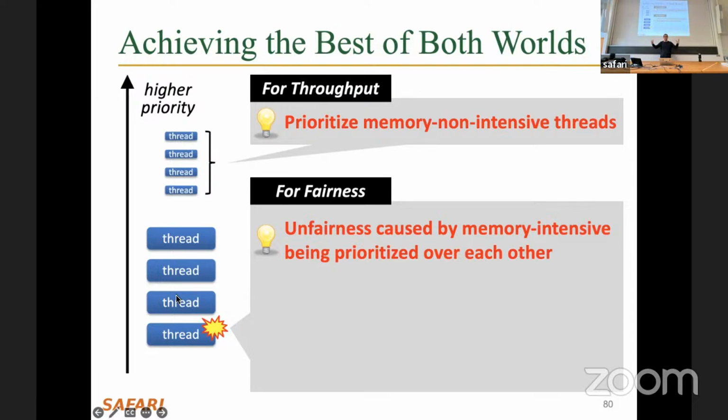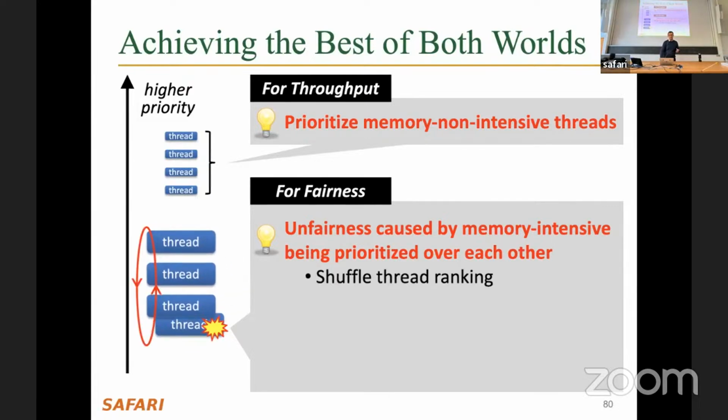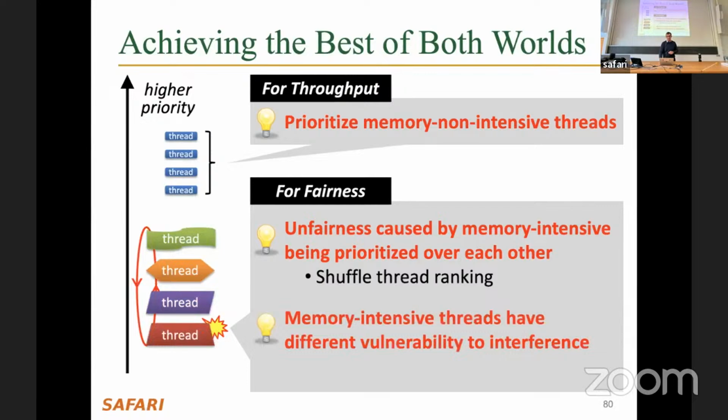Think about it: some of the elephants are small, some of the elephants are big. And if one of them gets prioritized over the other one consistently, you're very unfair. So what we do is we shuffle the thread ranking at short intervals. That way, every thread gets its share, if you will. But we do it in a way that's aware of the characteristics of the threads. So we shuffle asymmetrically. So that's the idea, basically.